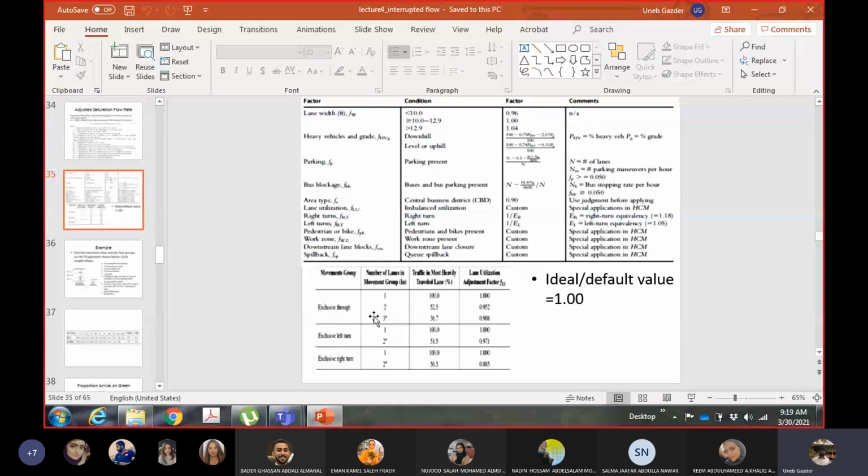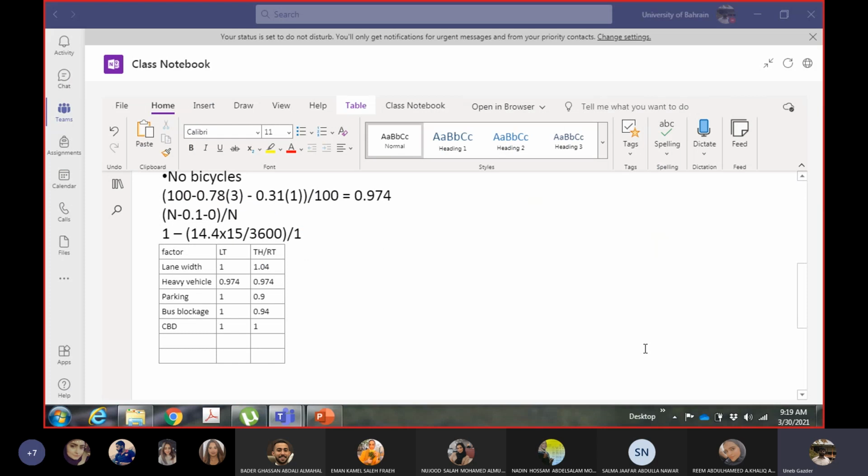We have only the exclusive left turn, right? For through and right it is only one lane, so the factor is 1. I don't need to do any calculation for that. Okay, so lane utilization.